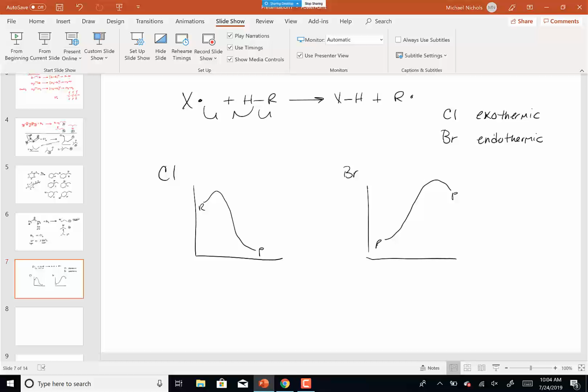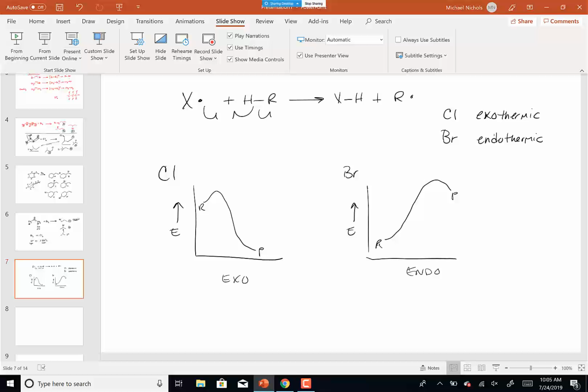But when I look at this step, it's either exo or endothermic. Remember, energy goes up in each one of these cases, so this is exothermic because the reactant is giving up energy to form the product, so it's releasing energy. This one over here is endothermic because the reactant is getting energy to go to the product. And in this case, the product is the radical intermediate.